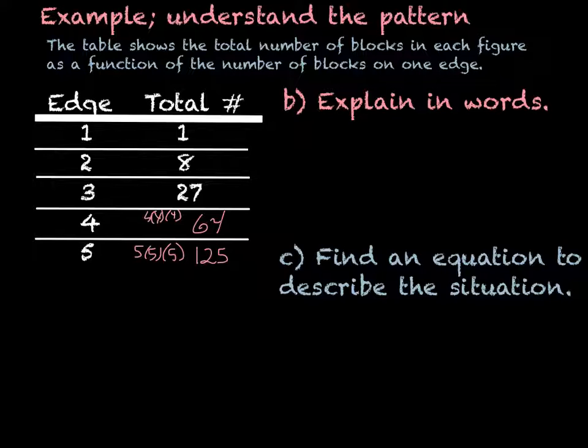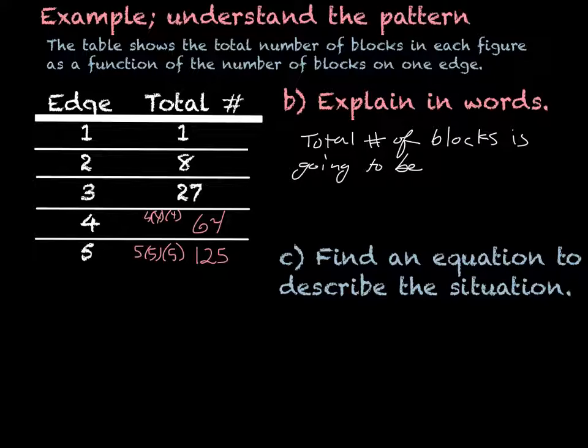Now we need to explain in words what is happening. What we are actually doing is taking the total number of blocks, and that is going to equal what? What did we do? We did 4 times 4 times 4, 5 times 5 times 5.